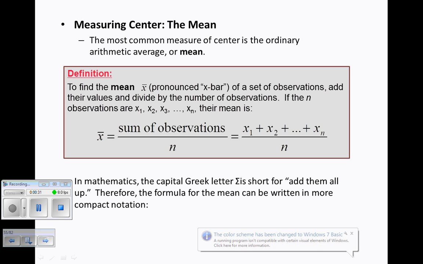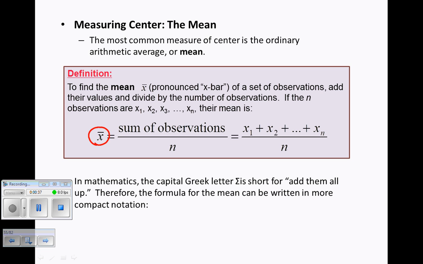So to find the mean, and we kind of talked about it, the mean looks like this for a sample. It's pronounced X bar, and that's what we can find in our calculator after we do the one variable statistics. So you add up all of the observations and divide by the total number.